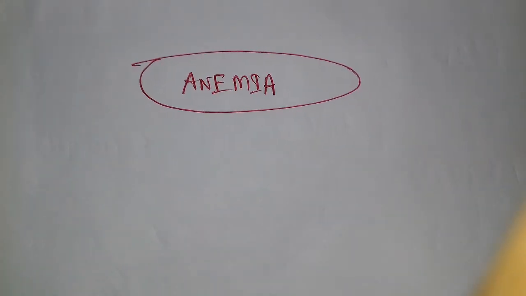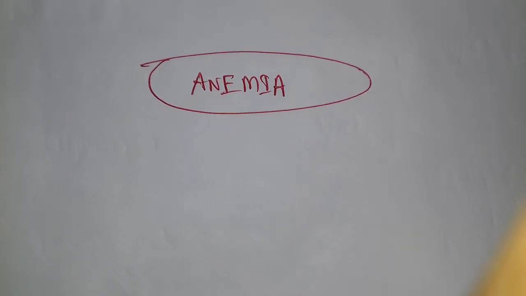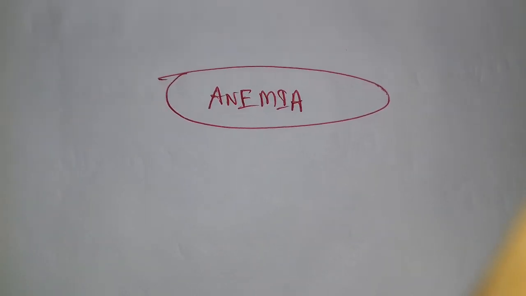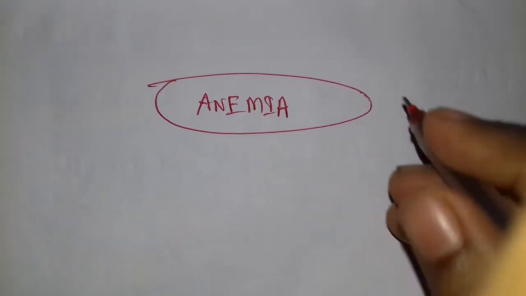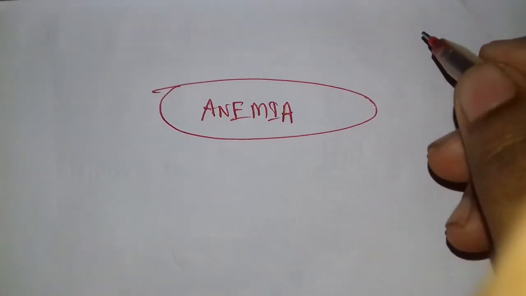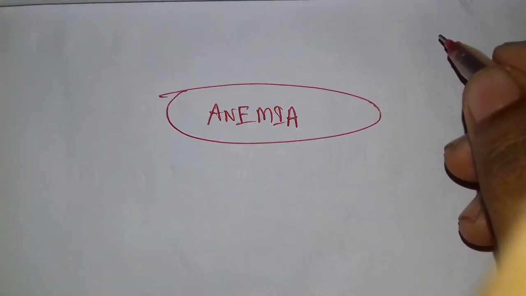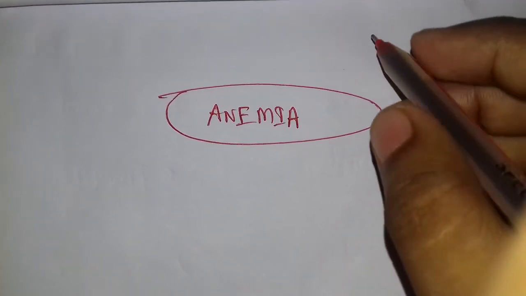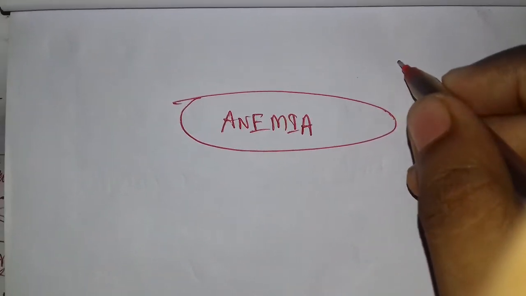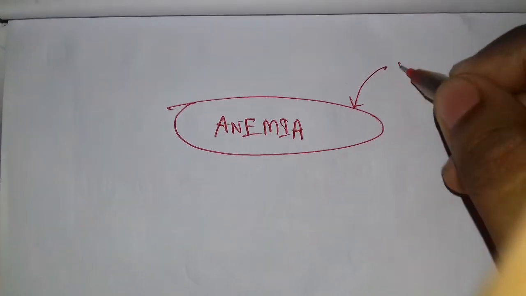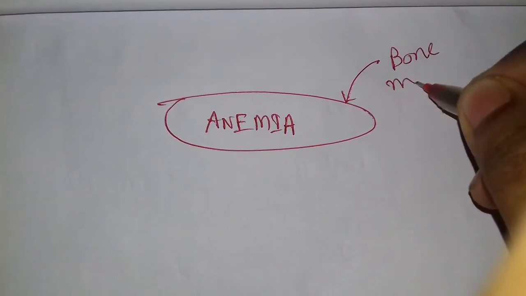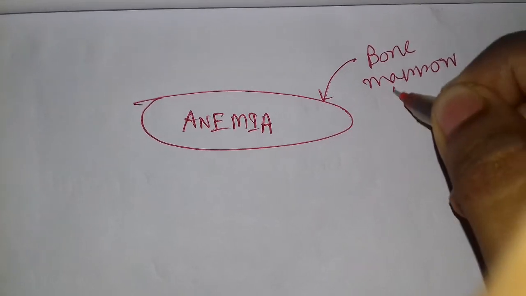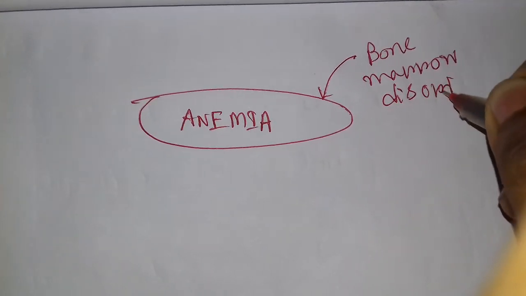So we know these drugs are actually used in therapeutic treatment of anemia. So we have to know in which causes this anemia occurs that we use these drugs. First of all, there may be a bone marrow disorder which may lead to anemia.